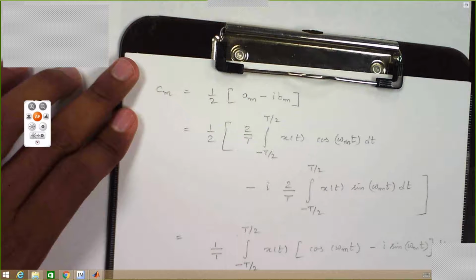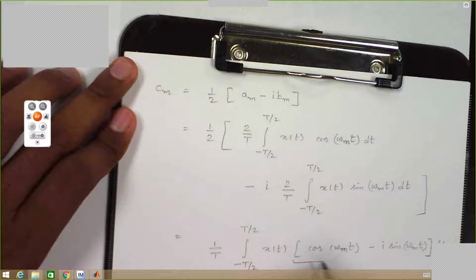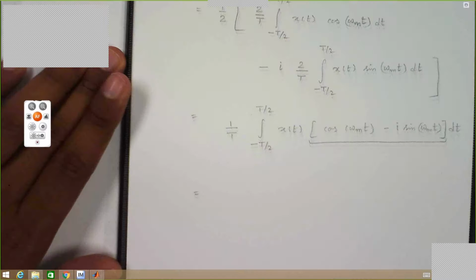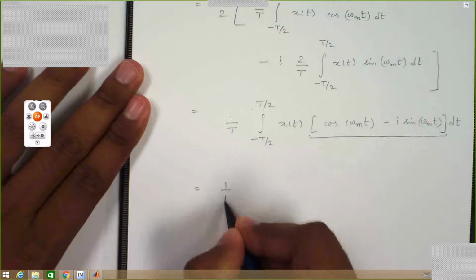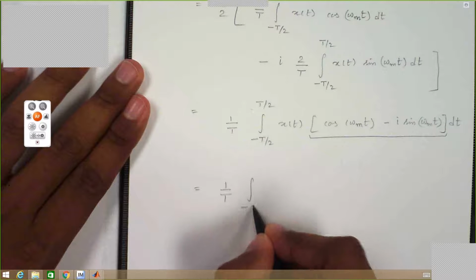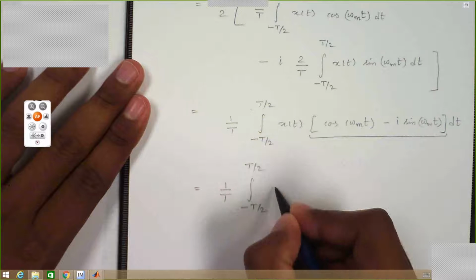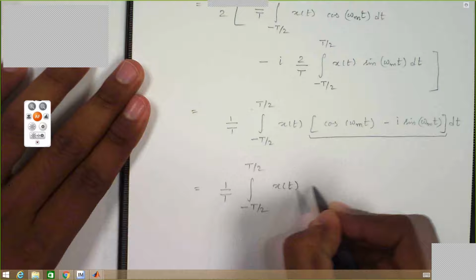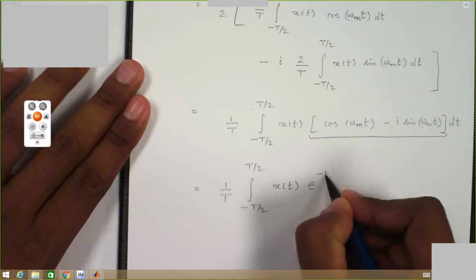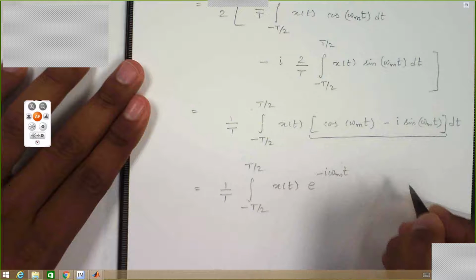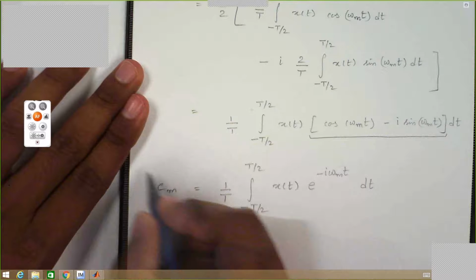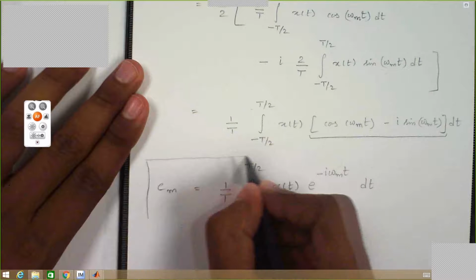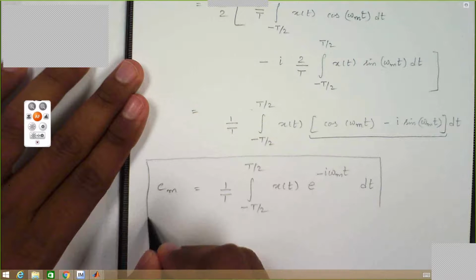And we know from Euler's formula that this is nothing but e to the power minus I omega mt. So we put that in, and we have got our expression for the complex Fourier series.